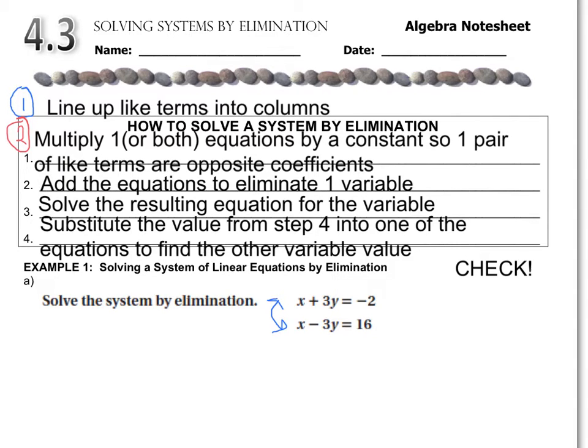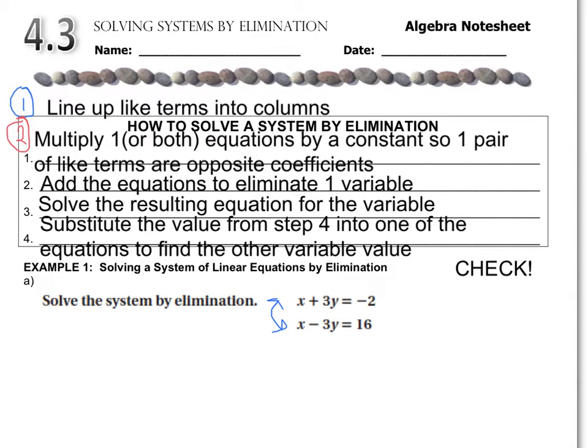You will see when you get to high school that you can also subtract them, but to eliminate some of the confusion and to keep us all doing the same thing, I'm going to have you do opposite coefficients so that we just focus on adding the two equations.